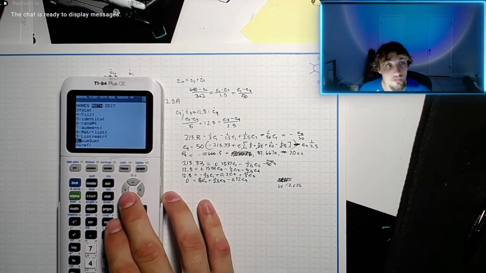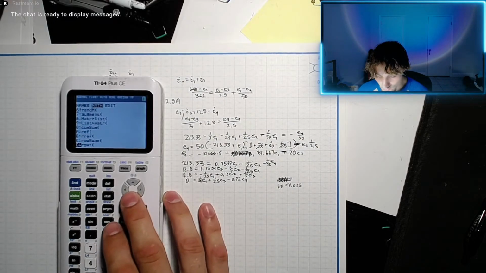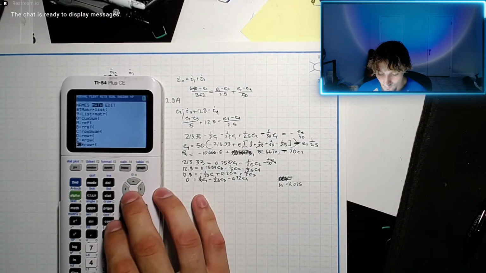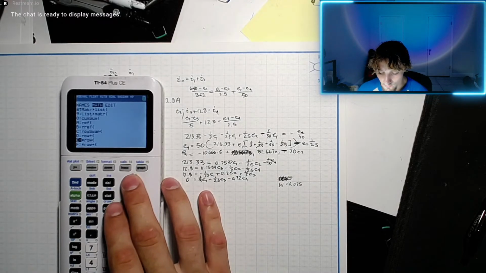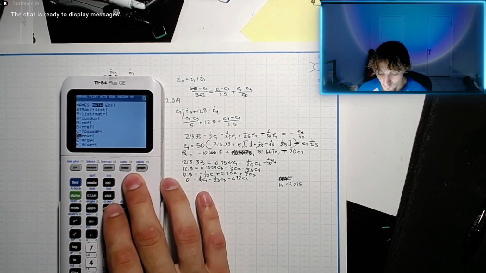Are you kidding me right now? I don't know what that means. Row swap. What about column swap? Augment.